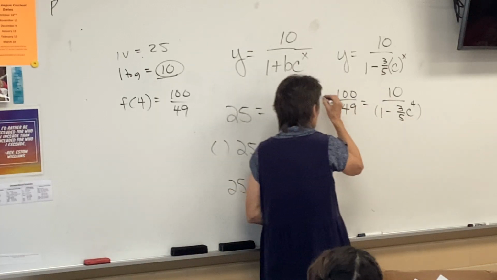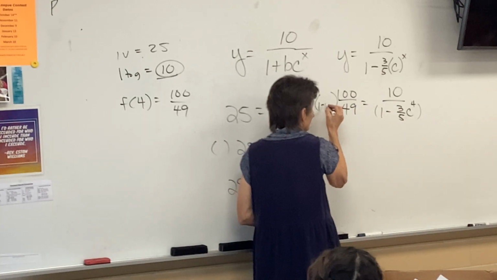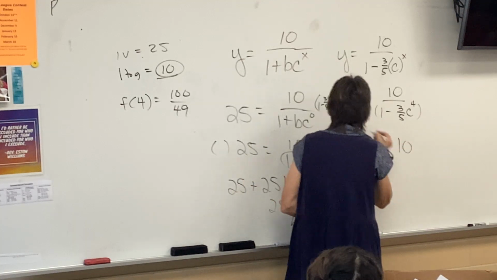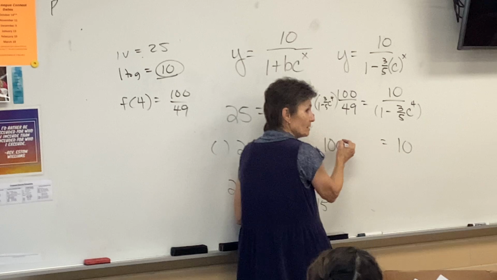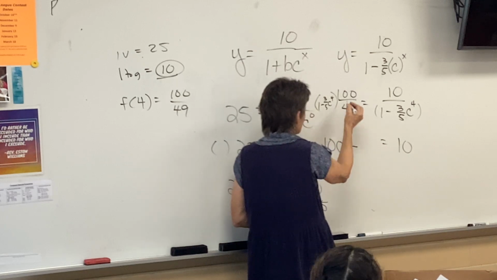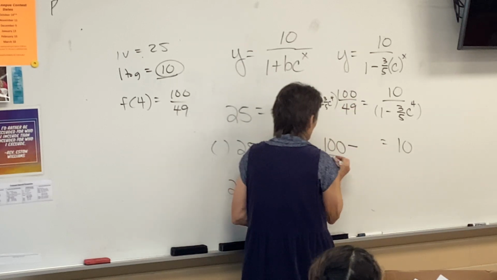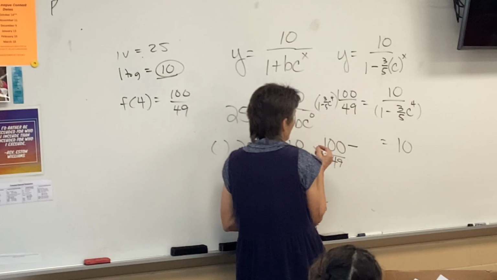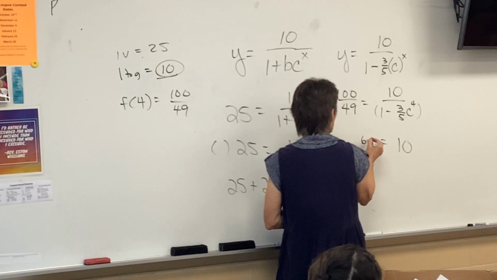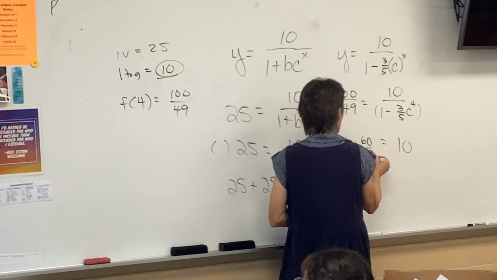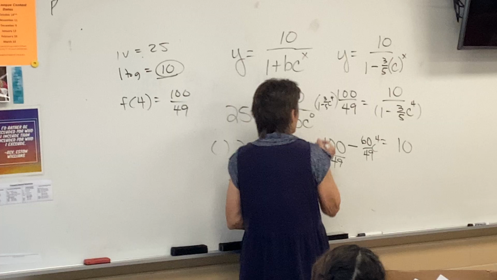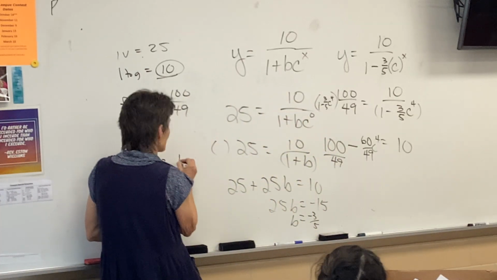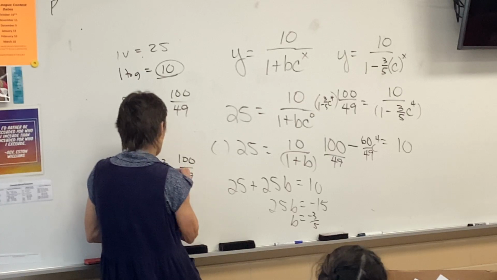I'll multiply this over to here. So I'm going to have 100 minus, oh no, 149. 149 minus, is that 60 over 49 c to the 4th? 3/5 times 100, yeah.